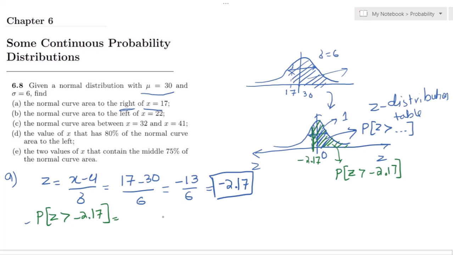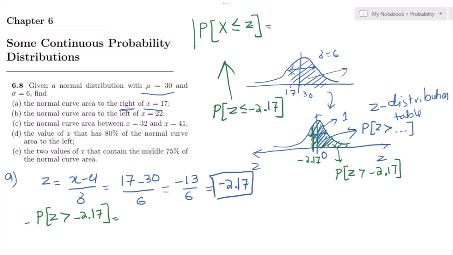We have to find the probability that z is greater than minus 2.17, but to find this area we have a z distribution table, where all the values are written in the form of z less than or equal to minus 2.17, because all of those values are the probability that z is less than or equal to a given value. If we have a formula in this form, we can use the z distribution table.